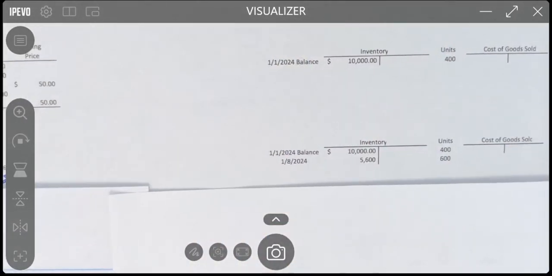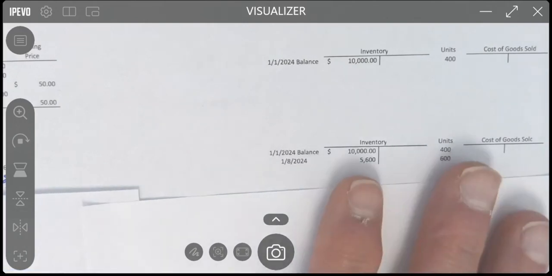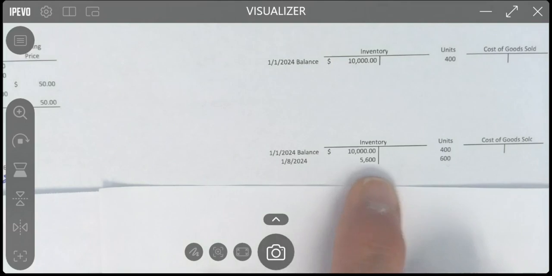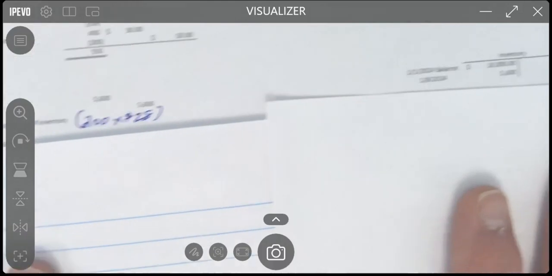We have no sales yet, so cost of goods sold has nothing in it. All right, I'm going to go a little faster, so just pause the video if you didn't have this. Hopefully, from working the problem already, you have this. But if I go too fast as I go through these, just pause the video so you get it in your notes correctly.